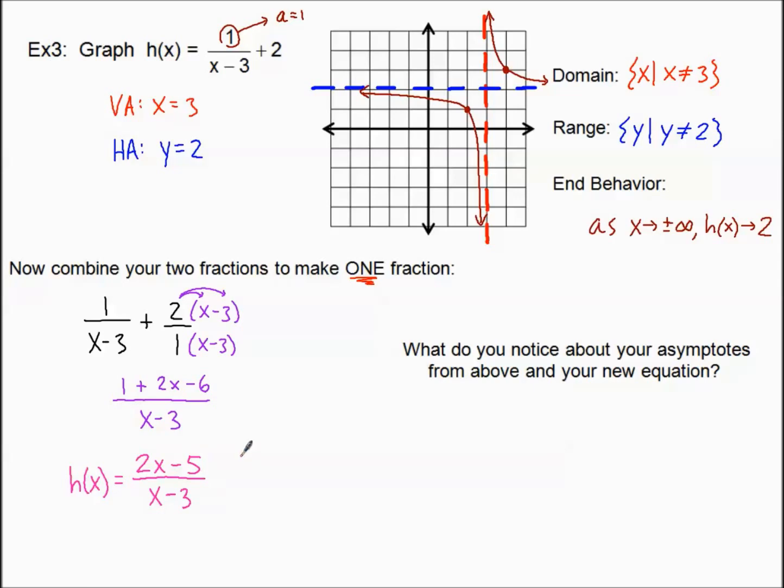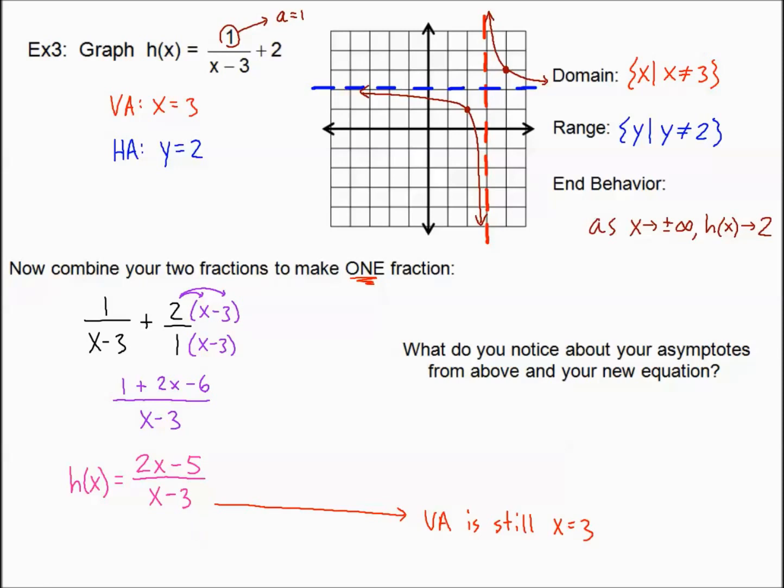But I'd still like to figure out how we can find our asymptotes from this equation. Well, you notice that our vertical asymptote is still going to be the same. I'm just going to make my notes over here. The vertical asymptote is still x equals 3, and that still just comes right from the denominator, as it always would. We still have the denominator of x minus 3, so our vertical asymptote isn't too bad.